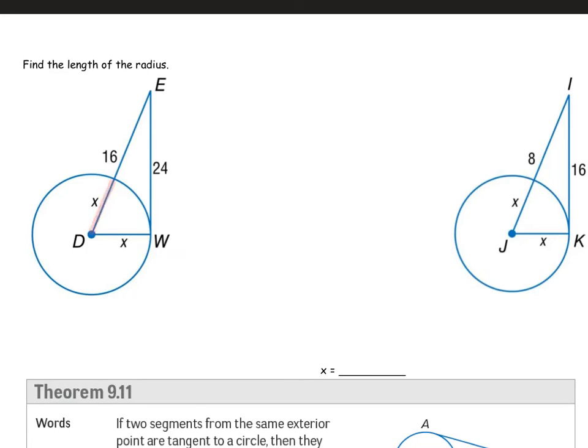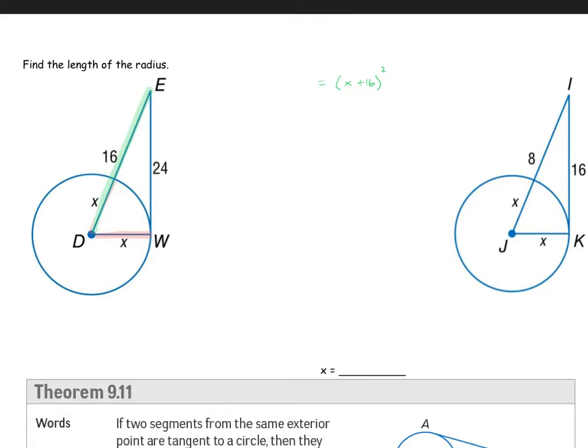So the distance from here to here, that's the radius. But if you look along the hypotenuse right here, if I was to extend, that's the whole length of the hypotenuse. So that means that when I write my equation, the hypotenuse is x plus 16 quantity squared.